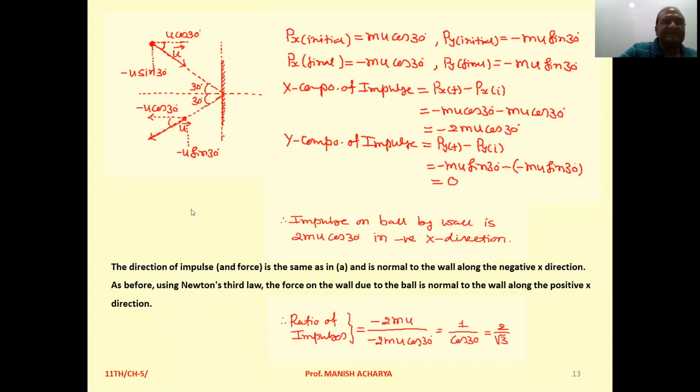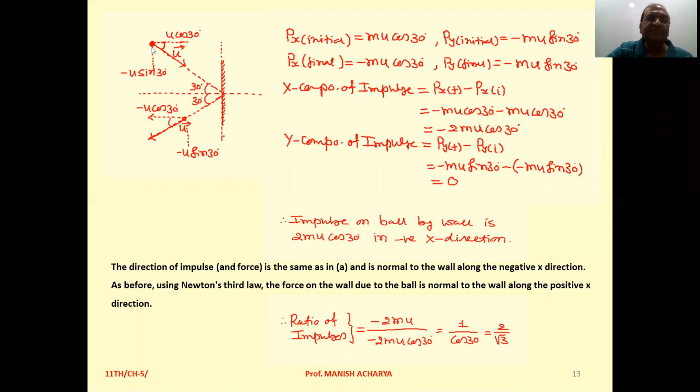Now see here, in the second case, the ball collides with the wall at an angle of 30 degrees with the horizontal and rebounds again at 30 degrees with the horizontal. The initial velocity is u, the final is u dash, and magnitude wise it is the same. So if this angle is 30 degrees, this will also be 30. The component of initial velocity in the horizontal direction, in x direction, is u cos 30, and in y direction it is u sin 30.